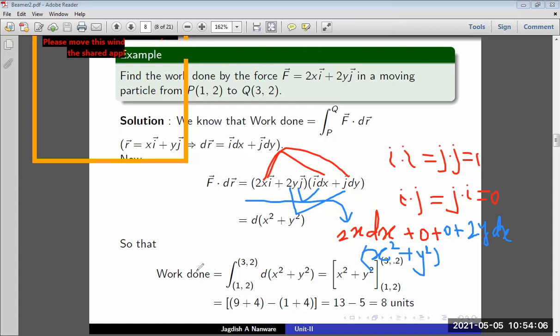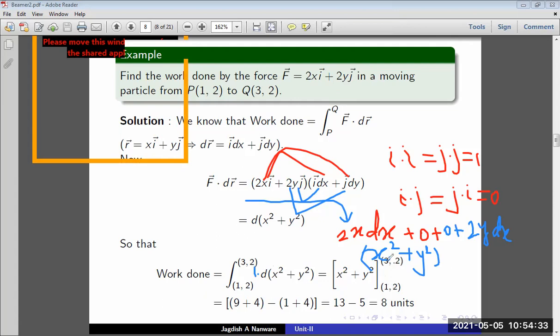And now we can find the work done from point P to Q. The coordinates of points P and Q are given as (1, 2) and (3, 2). So we have d of x square plus y square. What is the integration of this? It is nothing but the function itself, so x square plus y square. Put the lower limit and upper limit.